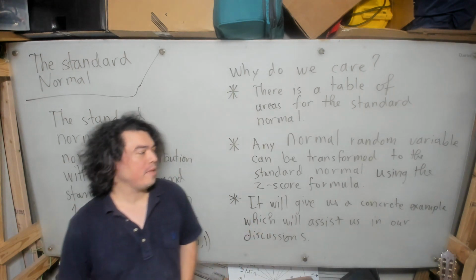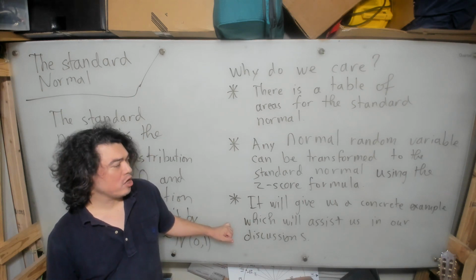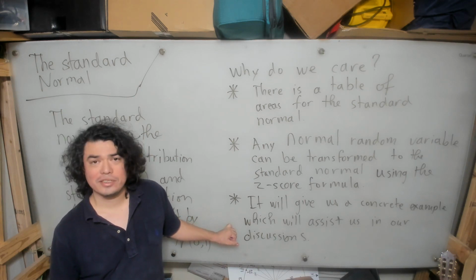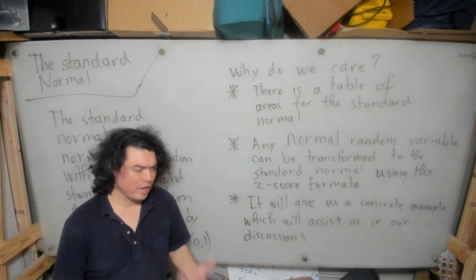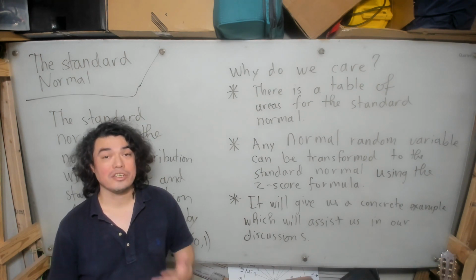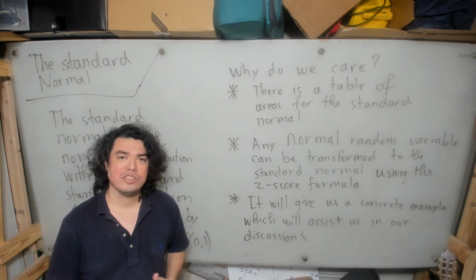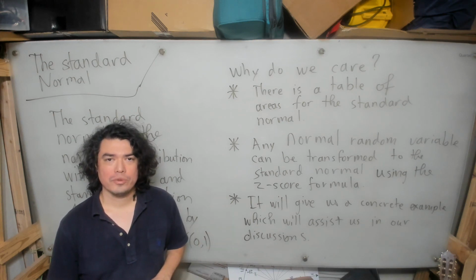And finally, we're going to talk about the standard normal because it'll give me a concrete example which will assist us in some of our discussions. For example, one of the lectures I'm going to prepare for you right now has to do with what I meant about the symmetry of the normal distribution.